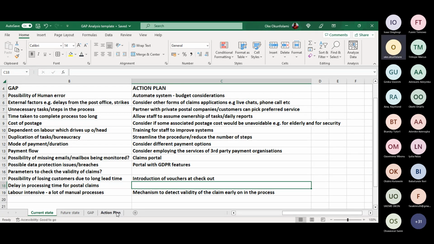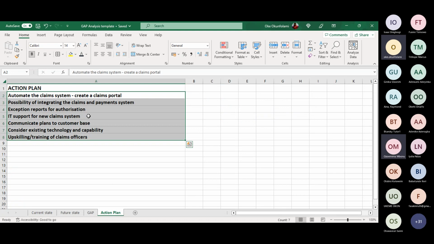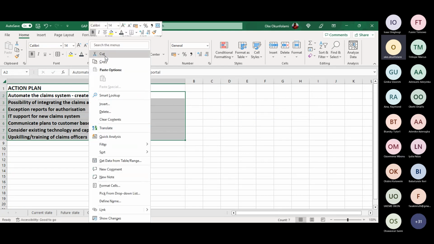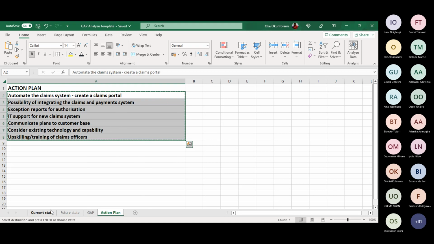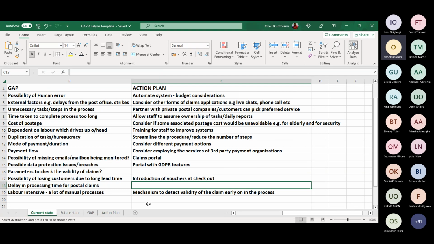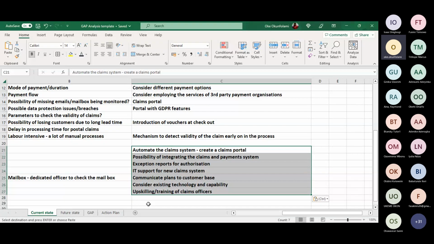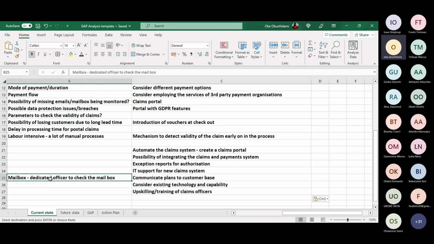Okay. These are some of the ones that I put down, so we can see if there are any I didn't note. So this one, mailbox, dedicated officer to check the mailbox.